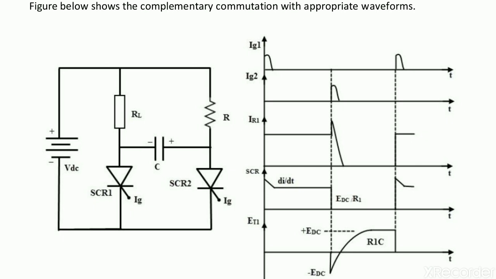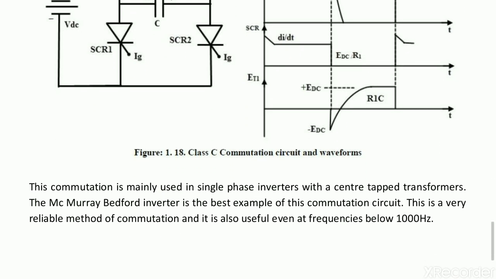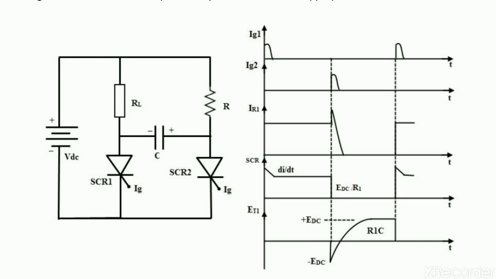And there is another path also, that is from R2, that is capital R, C, SCR1 and the VDC. I think you got the complete first process for this principle. As soon as we turn on SCR1, the current will flow from VDC, RL, SCR1 and again VDC, and the second path is through resistance R, capacitor C, SCR1 and again VDC.